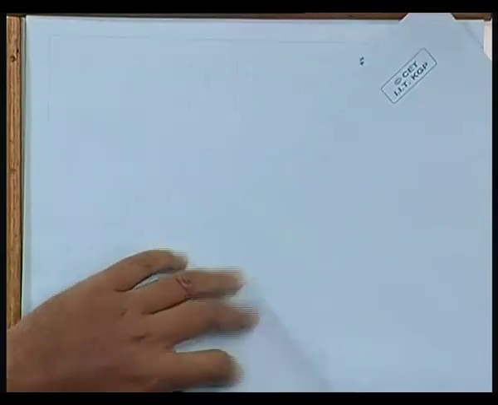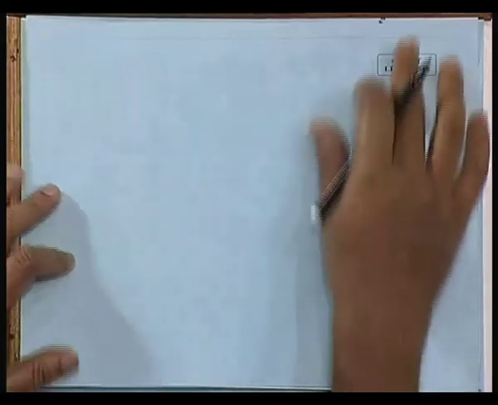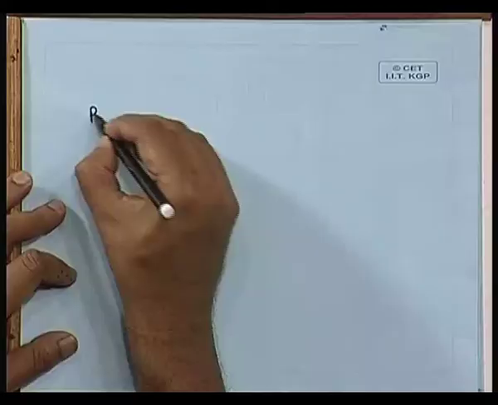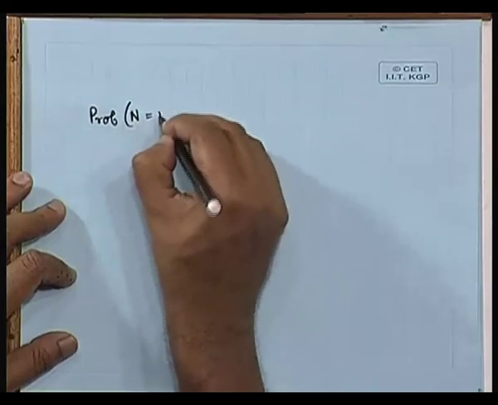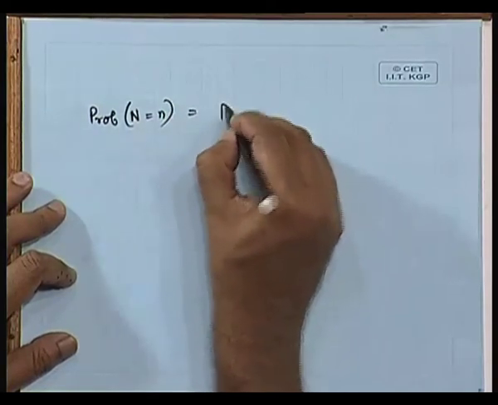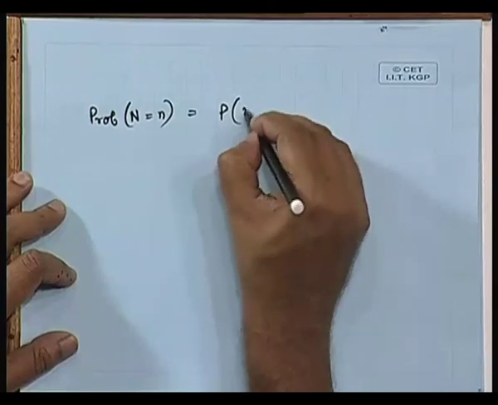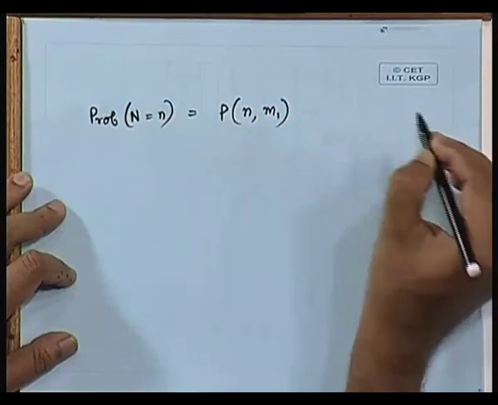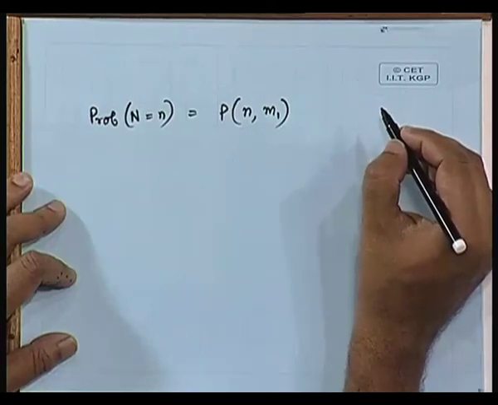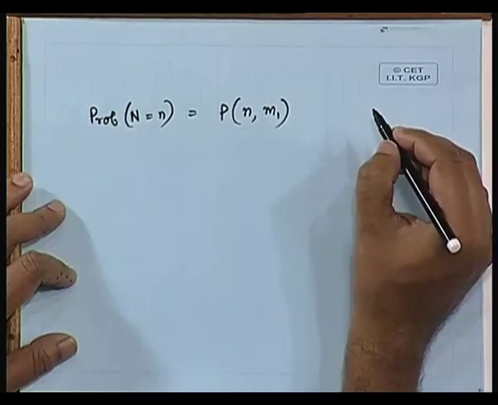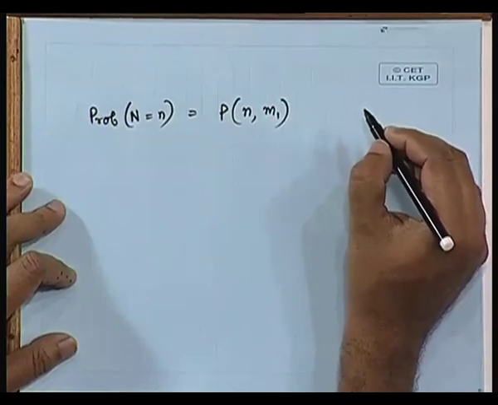Now, in the last class we had shown you the probability expression. You can keep that for your reference, and then one can work out that the probability that capital N is equal to n will be given by P(n, m1) minus P(n+1, m1). What is P(n, m1)? It means that there are n patterns which are getting mapped into the m1 dimensional hidden space.